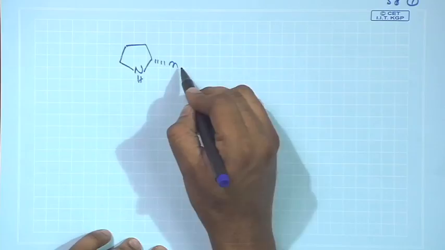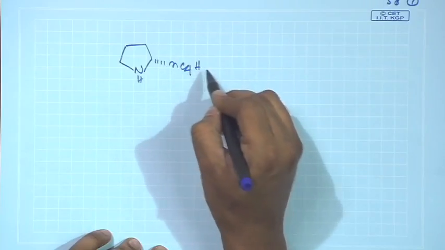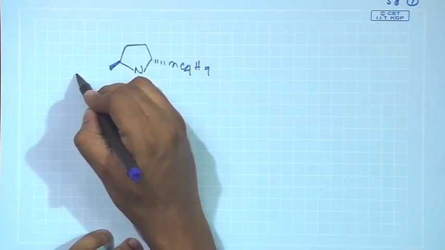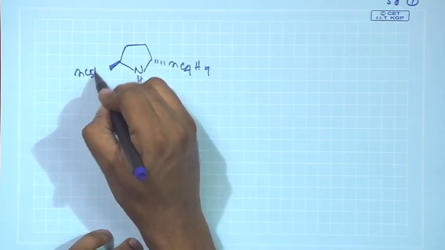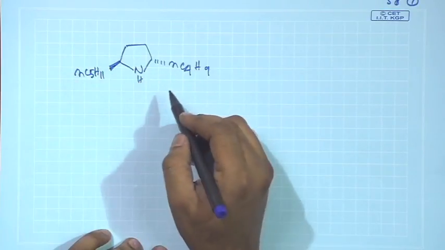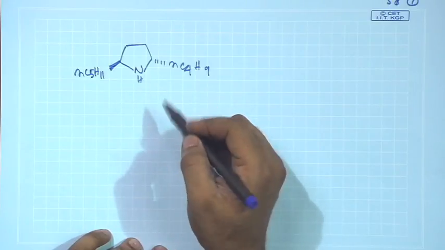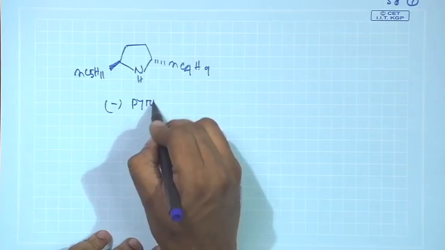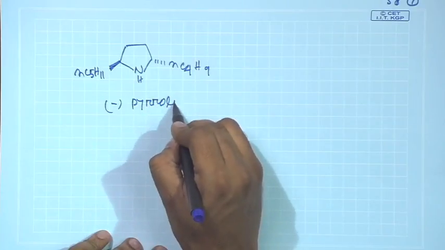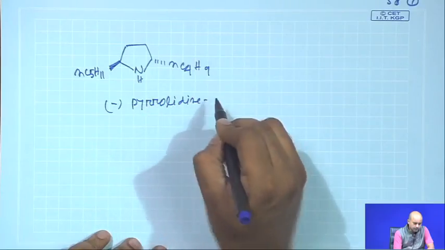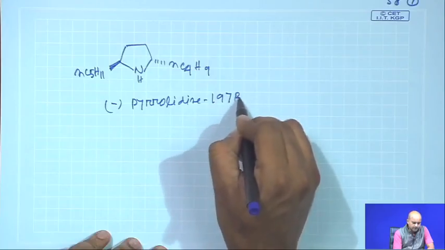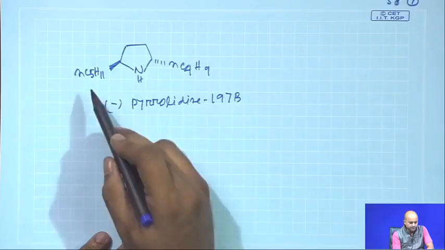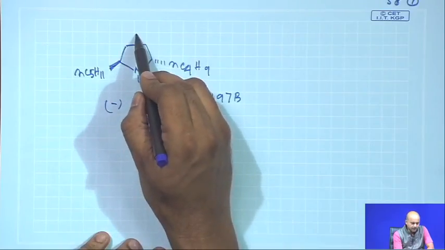This N-pyrrolidine compound looks like a natural product. Its name is pyrrolidine 197B.